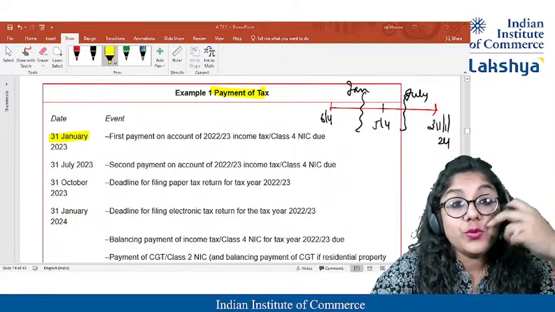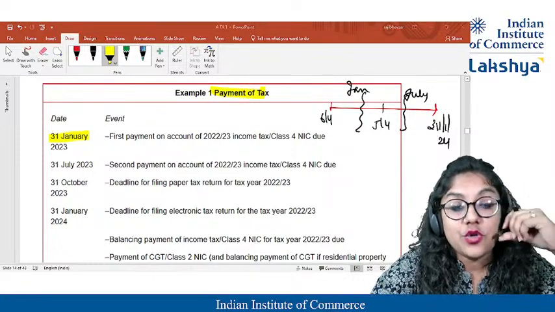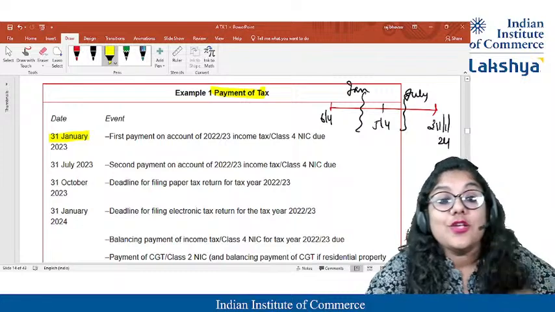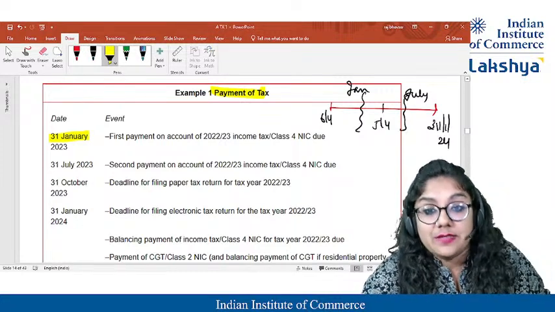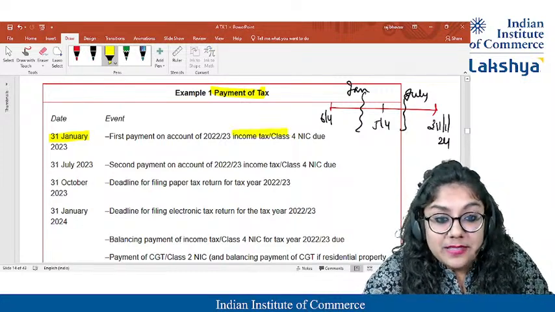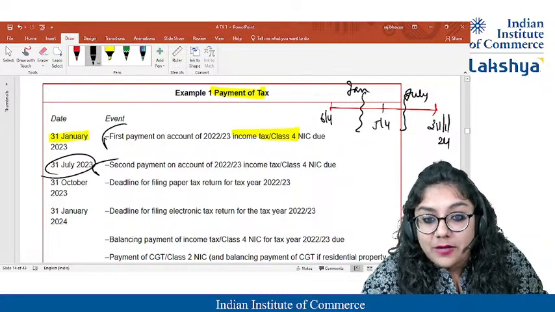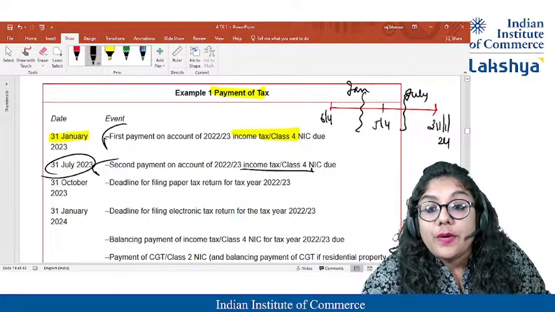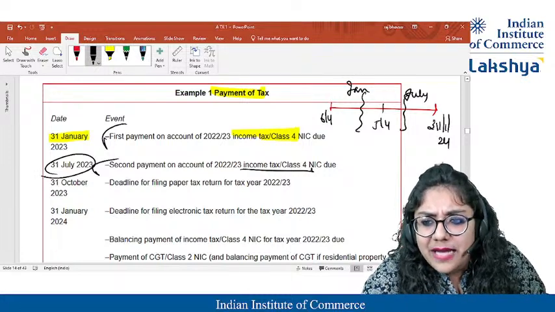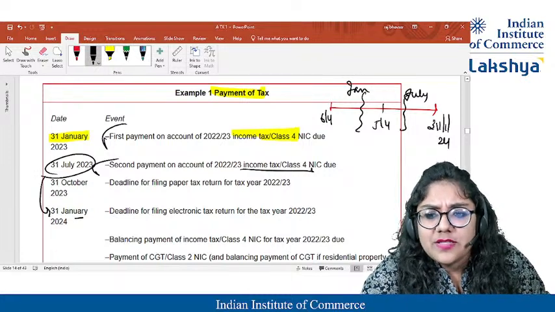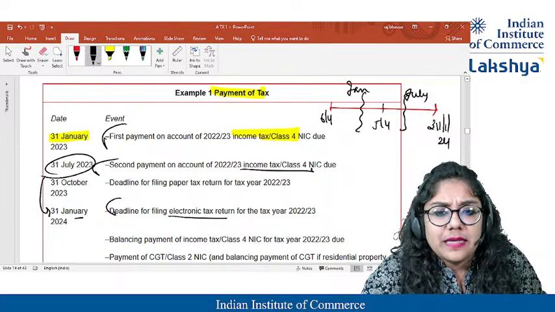Class 4 is for the person having a job somewhere, or doing business somewhere. So over here, my class 4 NICs. So the first payment of income tax and class 4 NICs is to be made first. Second payment on 31st July of class 4. And before that, remember 31st Jan is the deadline for paying electronic tax.